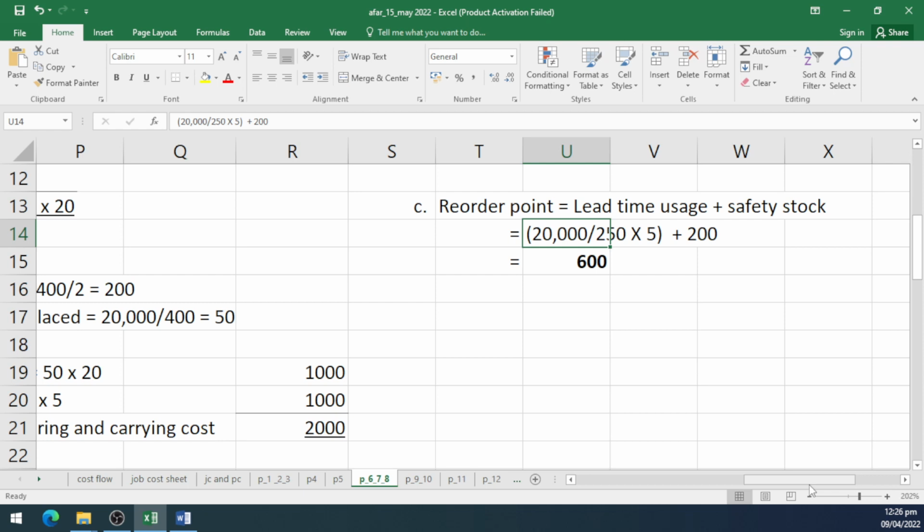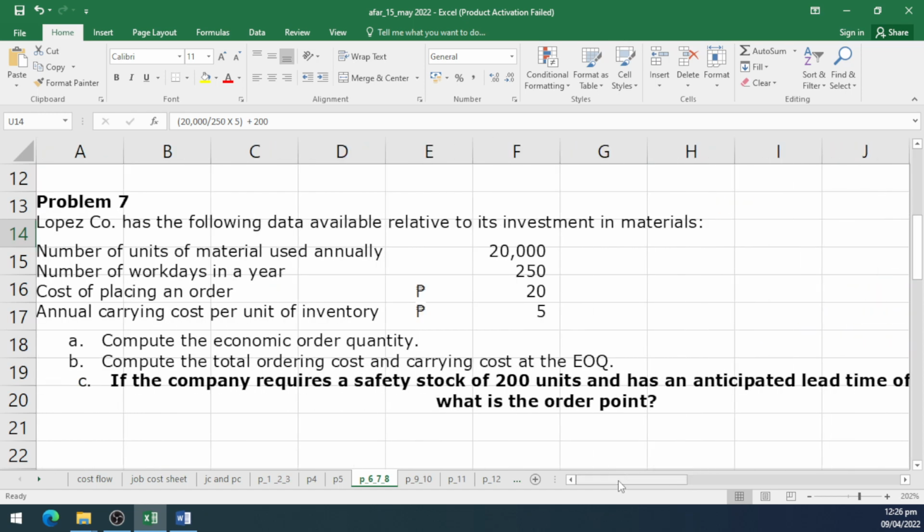Ang purpose ng safety stock ay to compensate for variability in lead time days and in lead time usage. Yan po ang tungkol sa economic order quantity, and yan po ay sa inyong MAS. At take up ninyo yan.